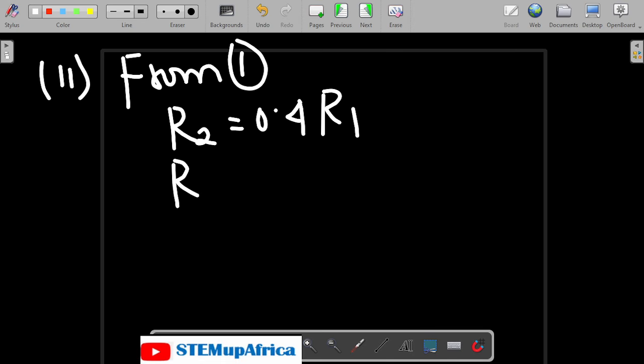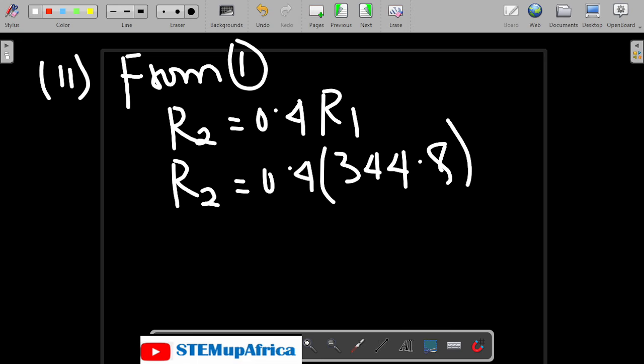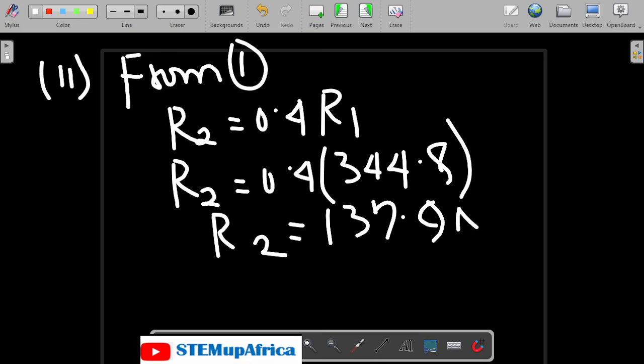So my R2 now is 0.4 into 344.8. So 344.8 times 0.4 will give me 137.9 Newton.